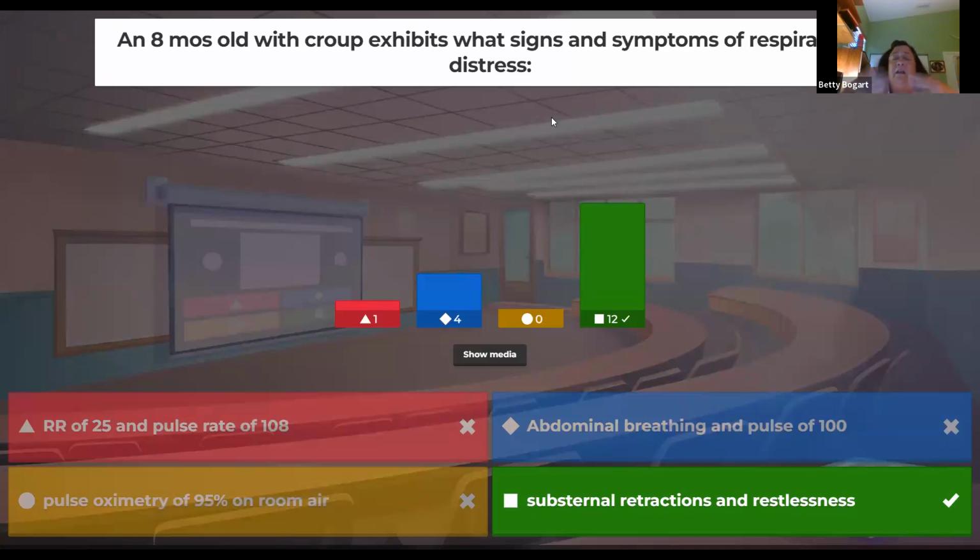It's hard to get air in there. So what are you going to see that makes that worse? Now we're seeing really signs of respiratory distress, the substernal retractions, and we're going to see them getting restless because, again, going into hypoxemia, lack of oxygen. Very good.